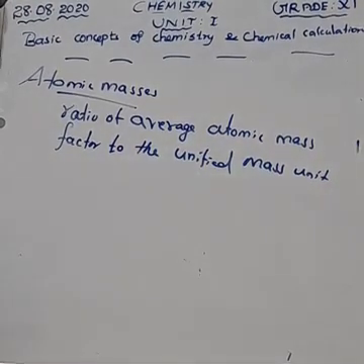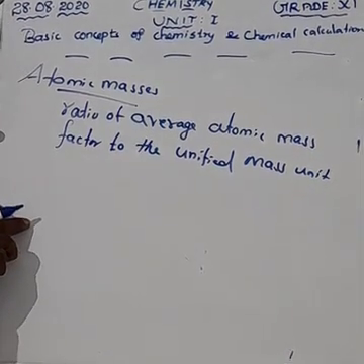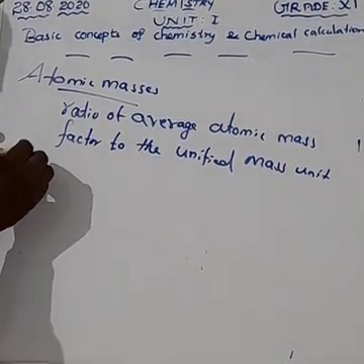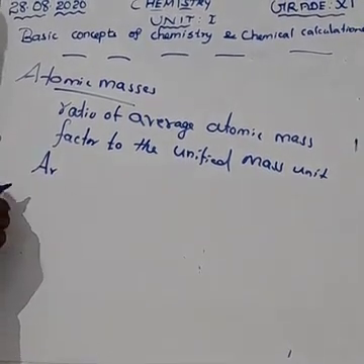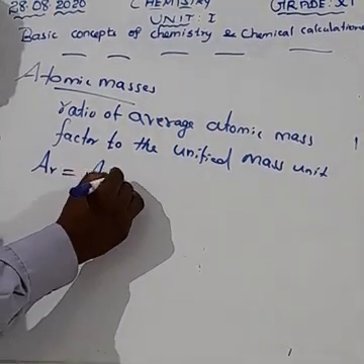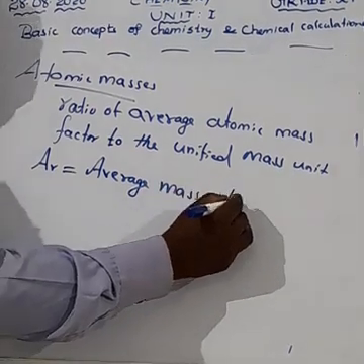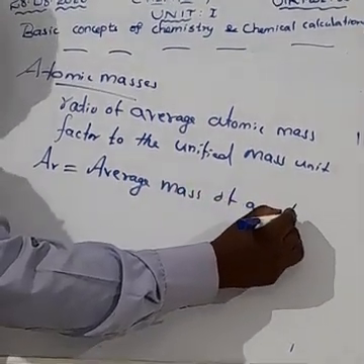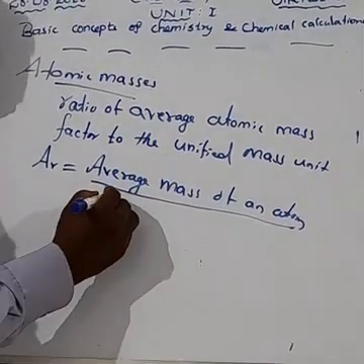Just remember the formula for relative atomic mass. The relative atomic mass, the symbol is Ar. The relative atomic mass is equal to the average mass of an atom divided by the unified atomic mass.